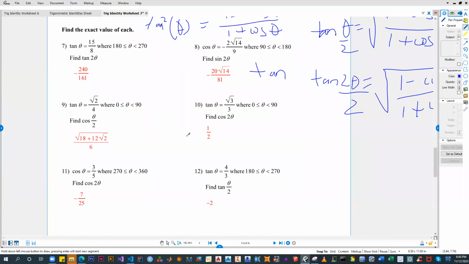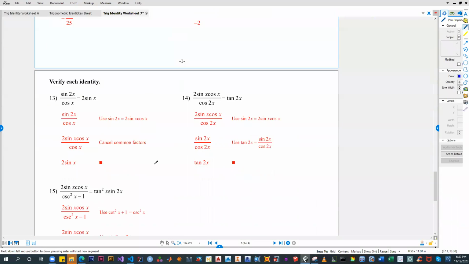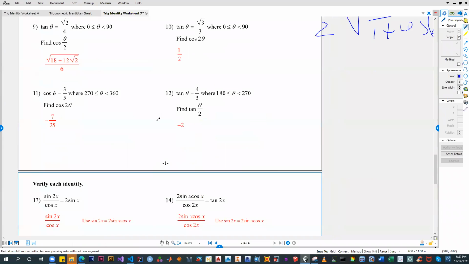I'll look at this later on. I didn't cover this yet, but let's just do 13 to 16.